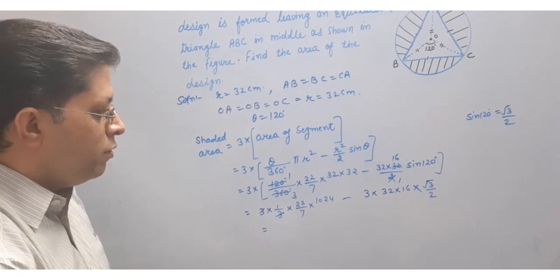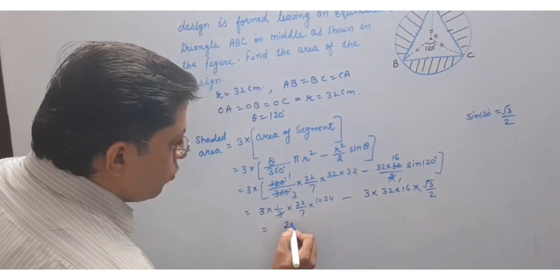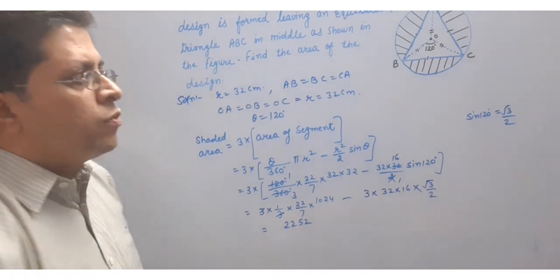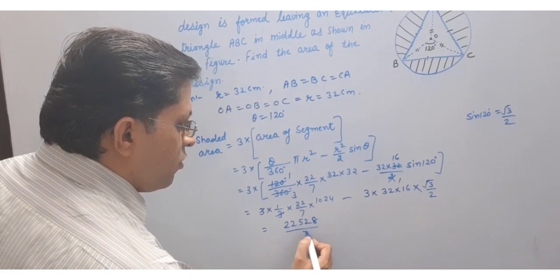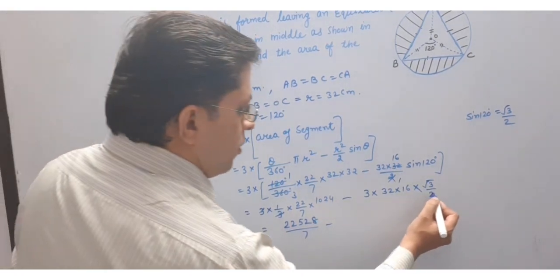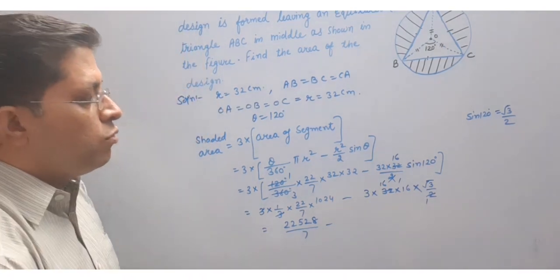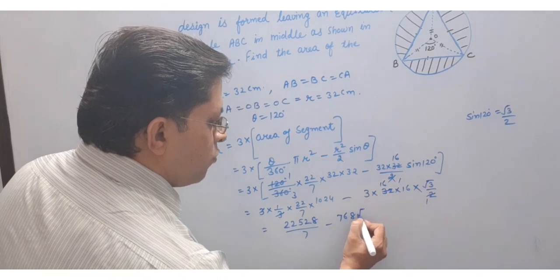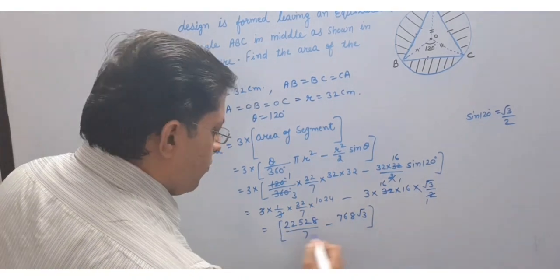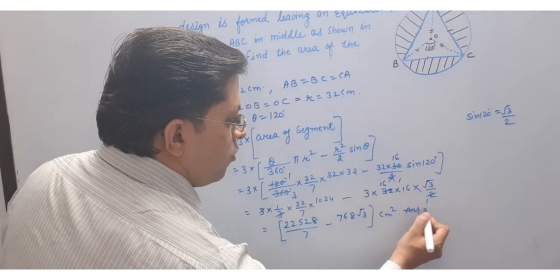This will be 22 into 1024, that is 22528 upon 7, and here 256 into 3 is 768 root 3. The answer is in centimeter square.